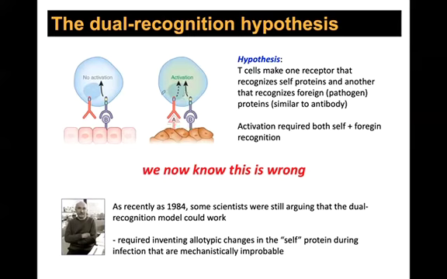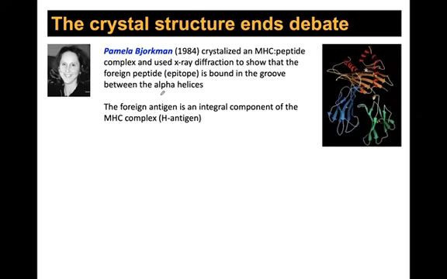Because we know it's wrong, I'm not going to expect you to know the details of why it was wrong, but essentially it came down to Pam Bjorkman, who in 1984 was the first person, working with Don Wiley and others, to crystallize an MHC peptide complex.